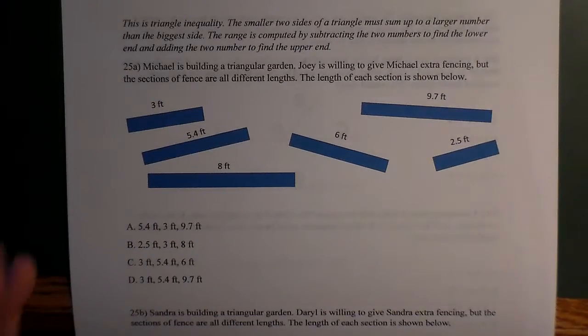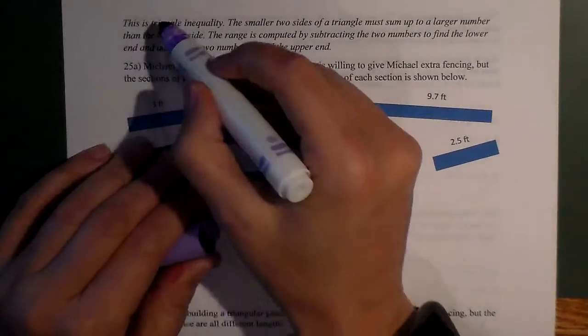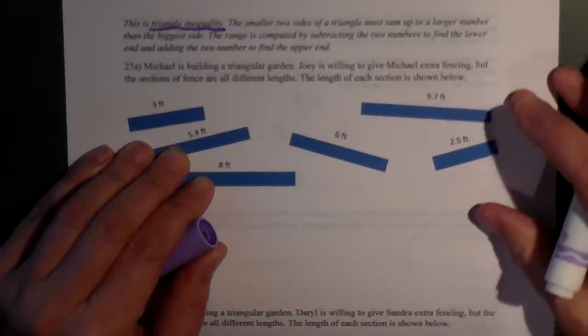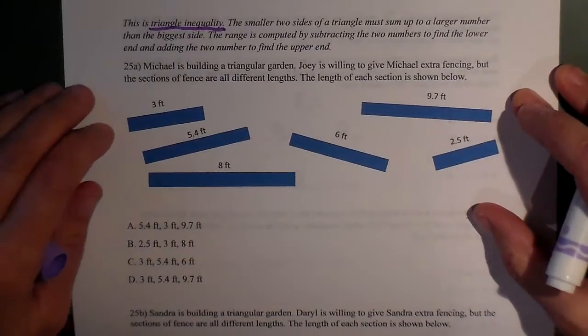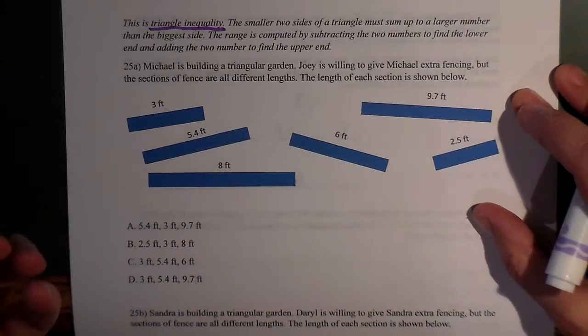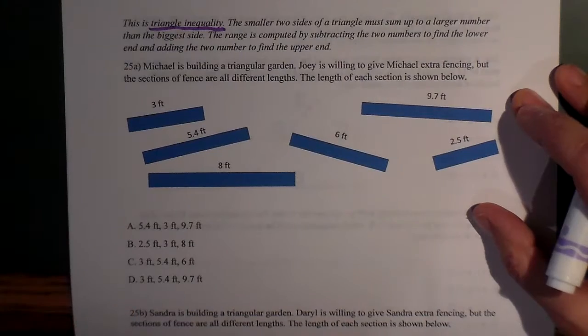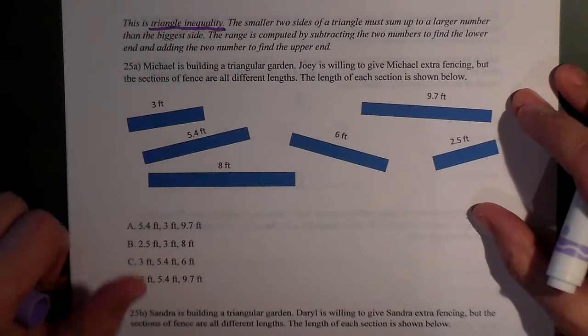Now, if you guys remember triangle inequality, the triangle inequality theorem states that when you have a triangle, the 2 smaller sides have to sum up or add up to a value that's larger than the 3rd side. That's the only way you can form a triangle.